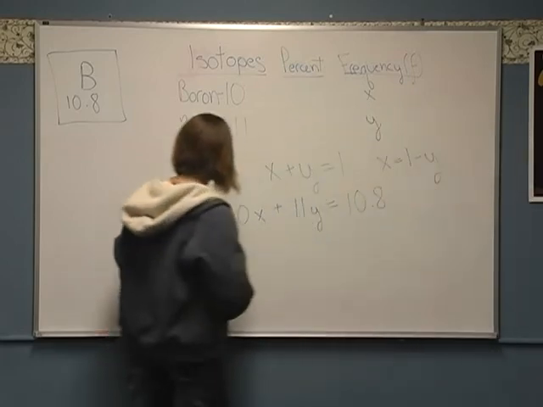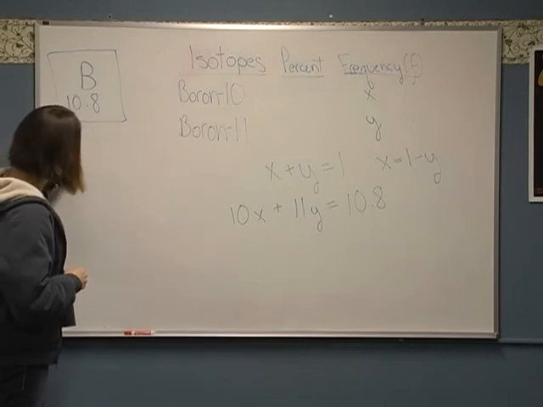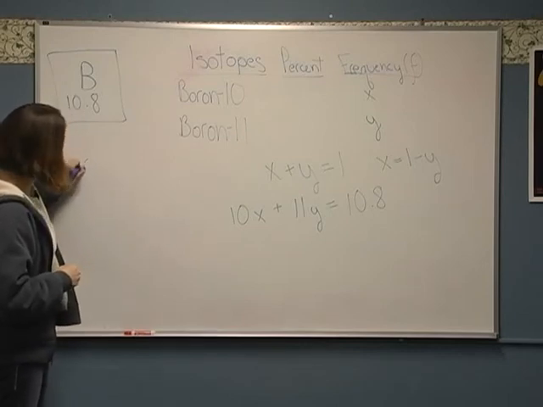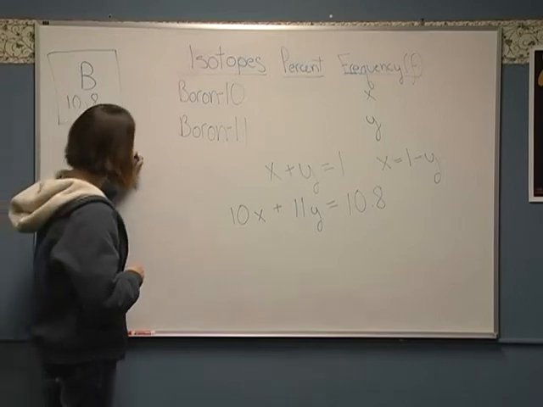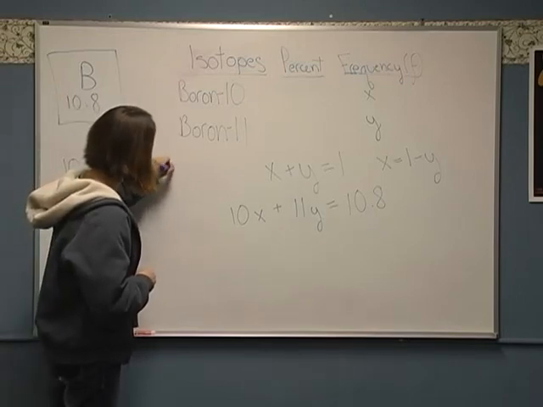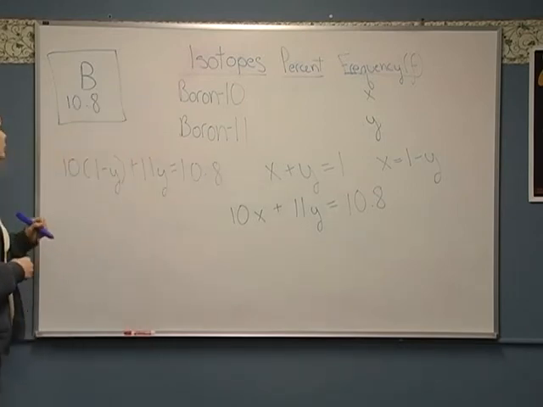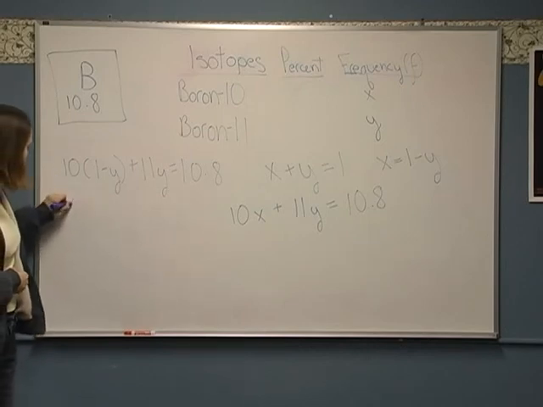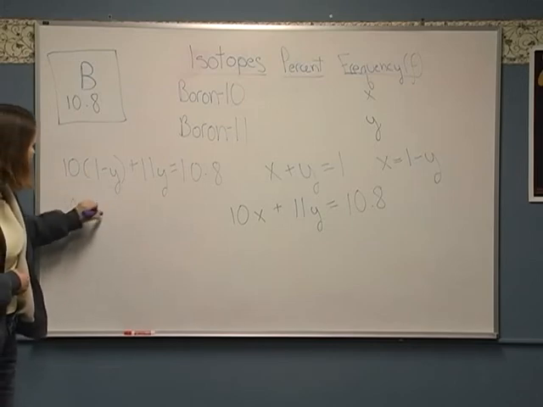So now I'm going to do it over here, and I'm just going to write 10 times 1 minus y, substituting that in, plus 11y equals 10.8. Now I just need to distribute my 10. So 10 times 1 is just going to be 10. 10 times negative y is going to be minus 10y.